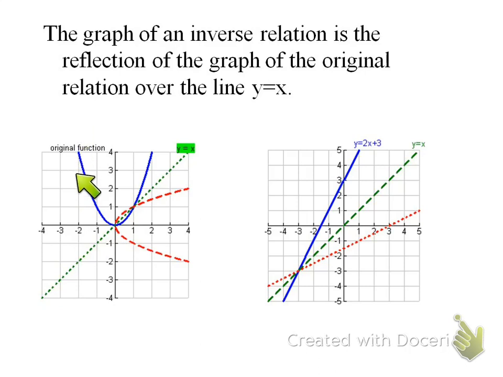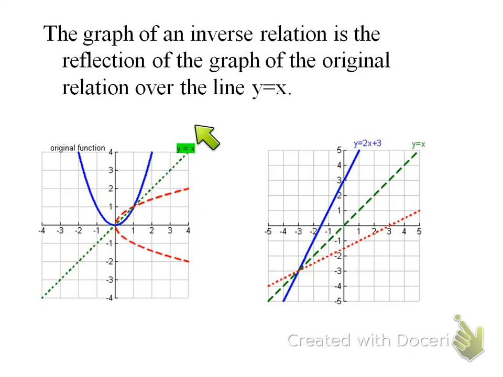If this is your original function, the blue parabola you see, you would reflect it across this line, and that would give you the inverse. You couldn't call this one an inverse function because it doesn't pass the vertical line test, so this would be just an inverse relation. If you're graphing the inverse, one should be a reflection of the other across this line.